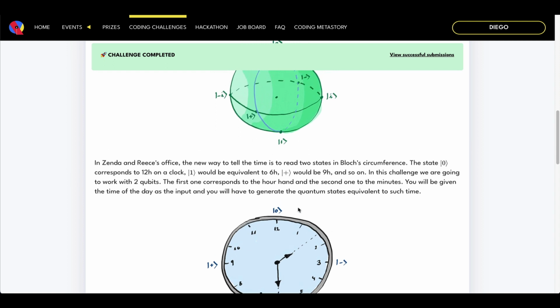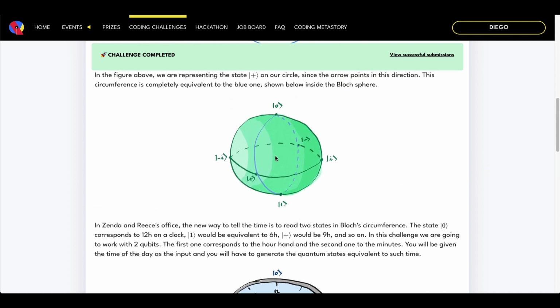So what this means is that we need to implement some gate that would take the state vector of, let's say, the qubit that represents the hours and rotate it clockwise about the y-axis, right? So that will be an RY gate. But in the Bloch sphere, clockwise means that it will go in the opposite angle as what the RY gate will implement, right?